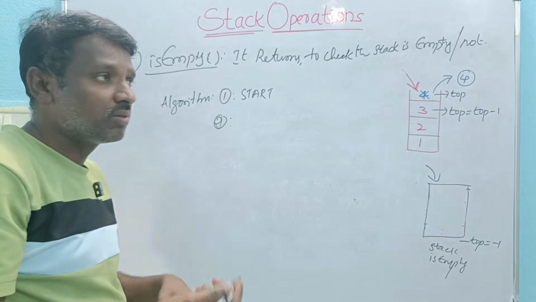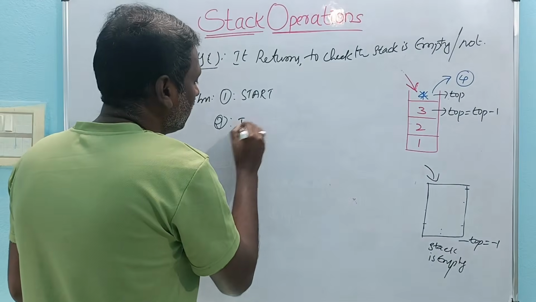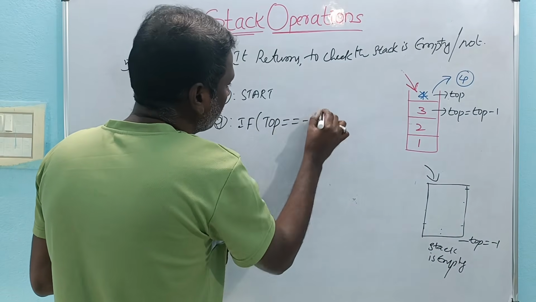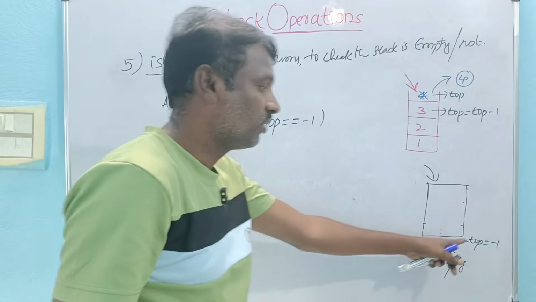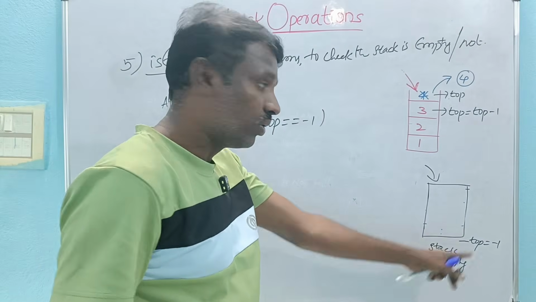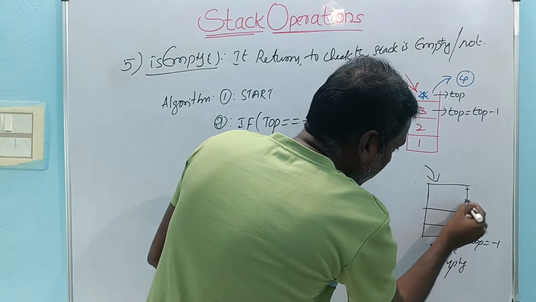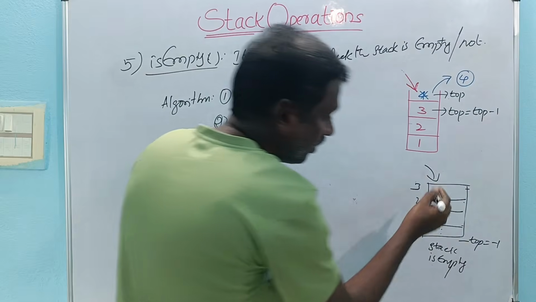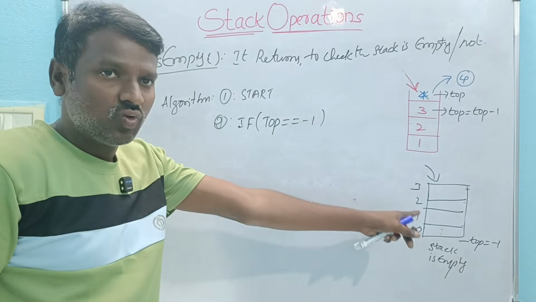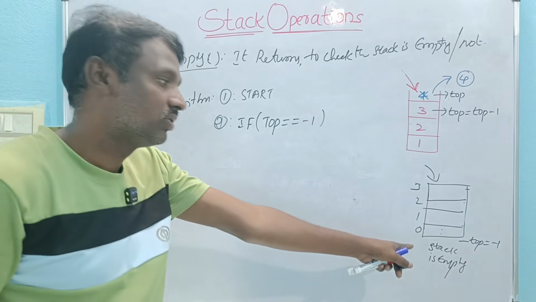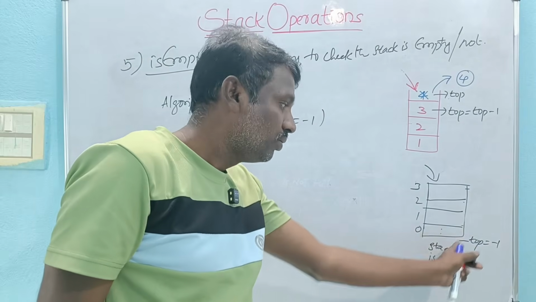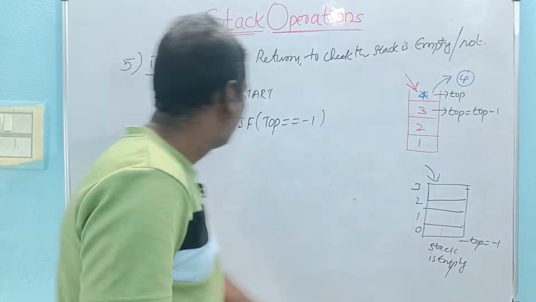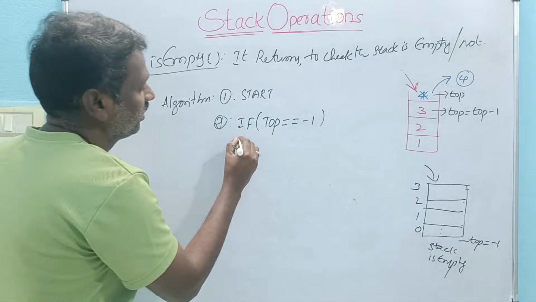Otherwise the stack has some elements. So writing this query, if top equal to minus 1. Top equal to minus 1 means, see, observe this diagram. Bottom, below, these are the array indices 0, 1, 2, 3. For example, the stack size is 4 elements, but the stack is empty. So at that time, your top position is below 0. If top equal to minus 1, then what happens?